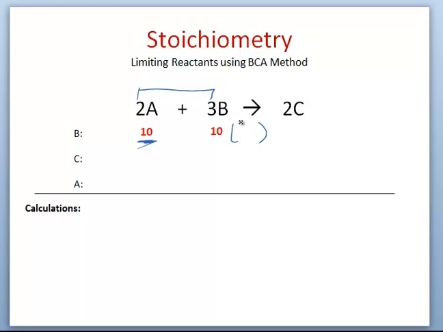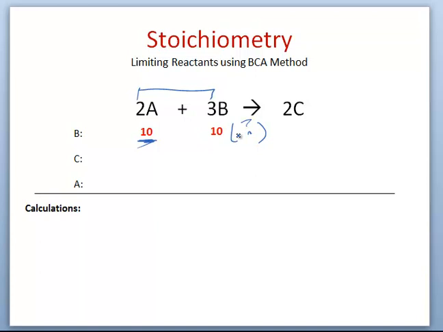You might be able to do this in your head, okay? You can see that if it's a 3-to-2 ratio, we're going to need 1.5 times more B's than we have A's. And so you're going to need 15.